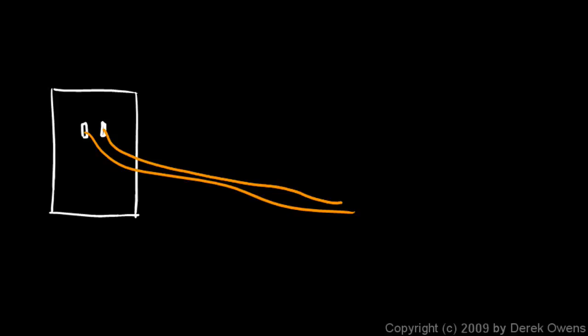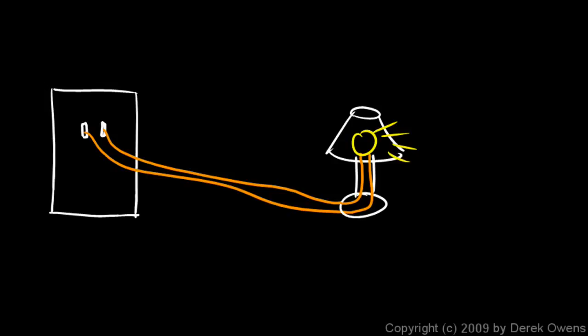And so when you plug in a lamp, there's one wire running from one side and one running to the other, even though they're both wrapped up in the same cord, and they run over here to the lamp. You have a light bulb inside the lamp, and the electricity runs up and goes through the light bulb, and the lamp glows.